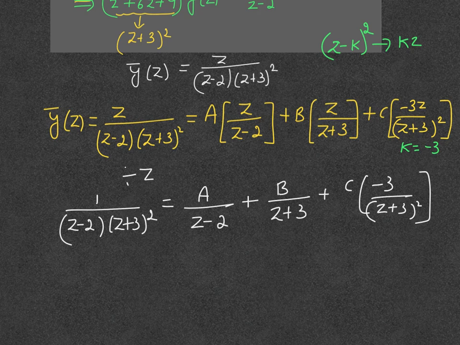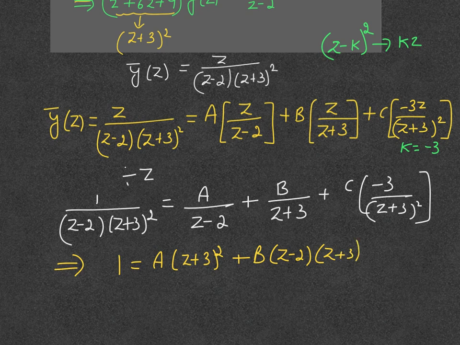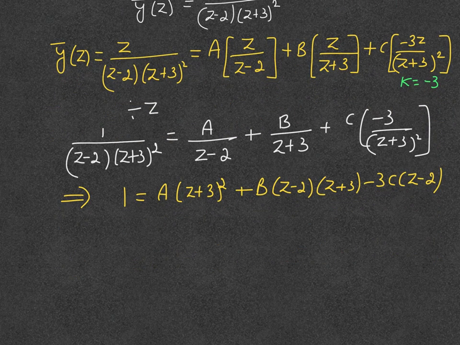So we can write from this 1 is equal to a into z plus 3 whole square, plus b into z minus 2 into z plus 3, then minus 3c into z minus 2. So we solve this for the values of a, b, c.